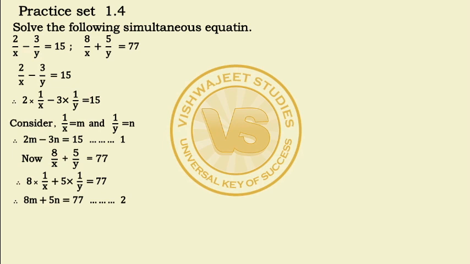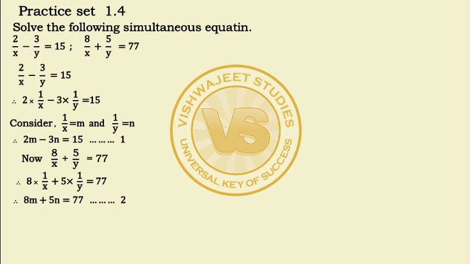We are going to use here, to solve the given equations, a method which is known as equating coefficients and eliminating variables. For that we are choosing here to equate the coefficients of variable m. Coefficient of m in the second equation is 8, and we have to make the coefficient of m in the first equation 8.